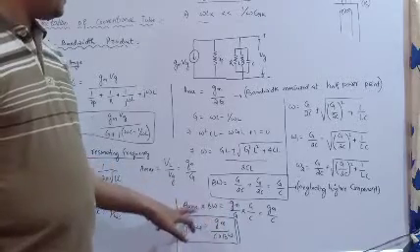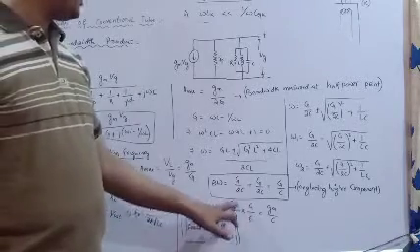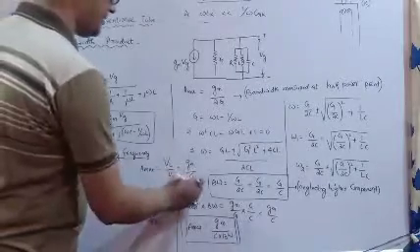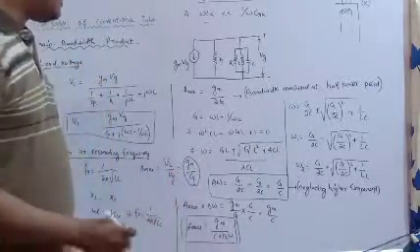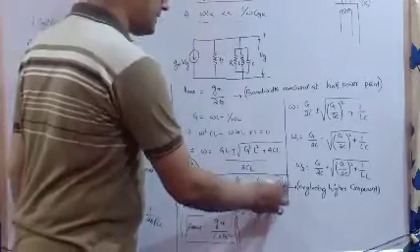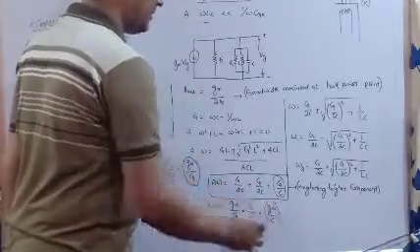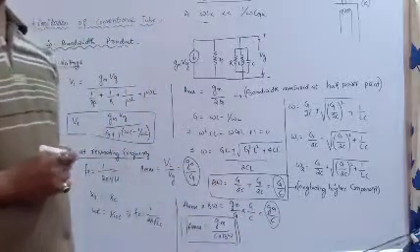So A max into bandwidth: here we have calculated Gm by G, and the bandwidth is G by C. Multiplied, you will get the transconductance divided by the capacitive value.